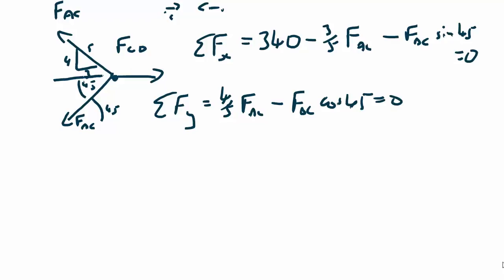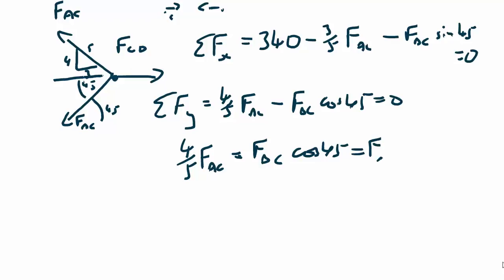Now for this one it's slightly easier because I know that sine 45 is the same as cosine 45, so I can say that 4/5 of FAC equals FBC cosine 45, just rearranging the forces in the y direction. I can substitute that in because I can say that that's the same as FBC sine 45.